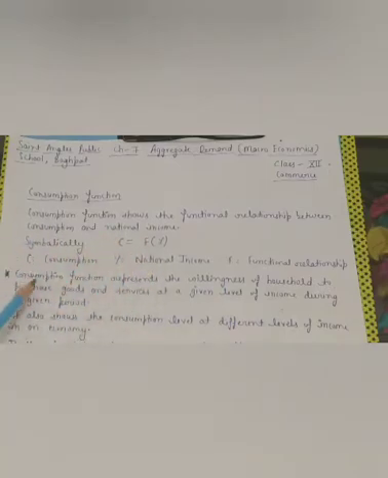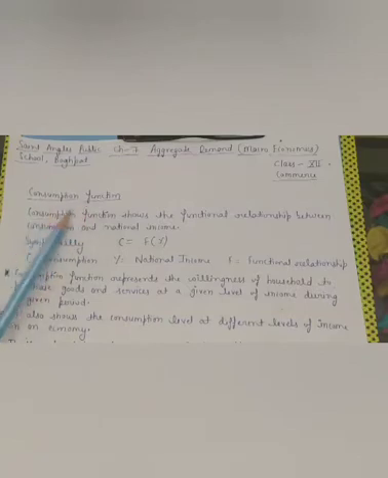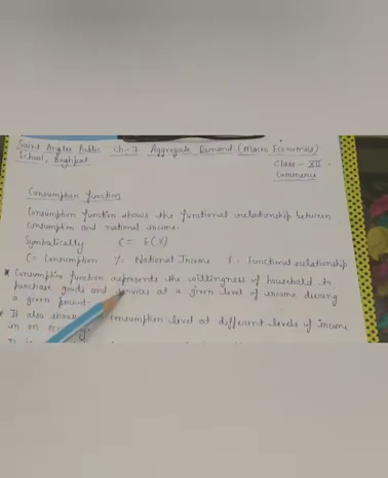After this, what are the features of consumption function? We are discussing features of consumption function. First feature: consumption function represents the willingness of households to purchase goods and services at a given level of income during a given period.